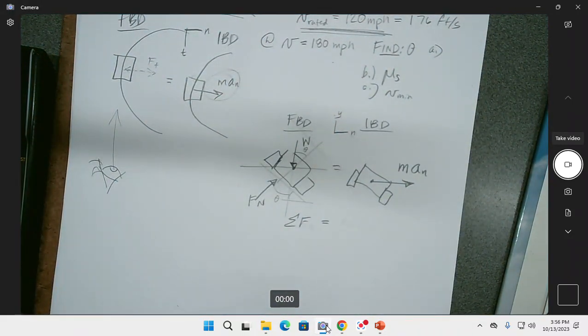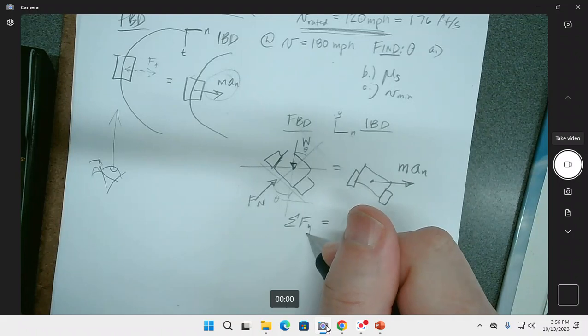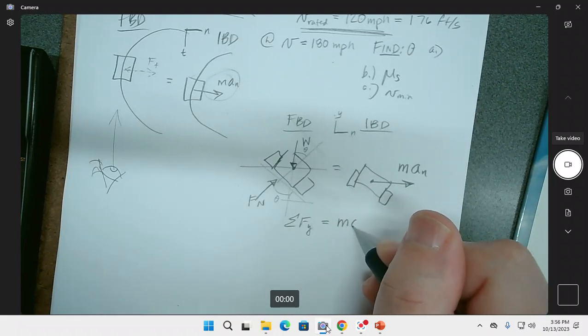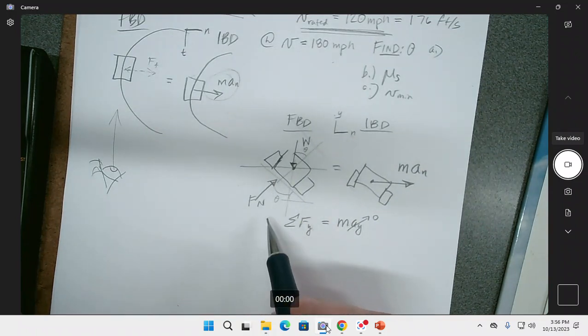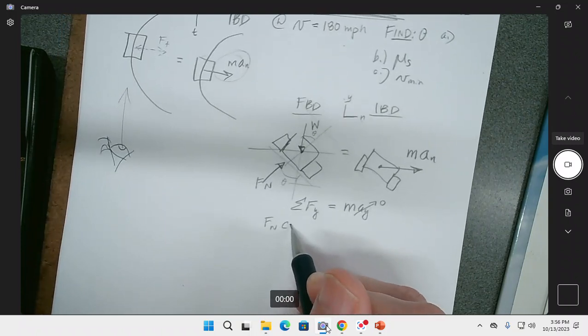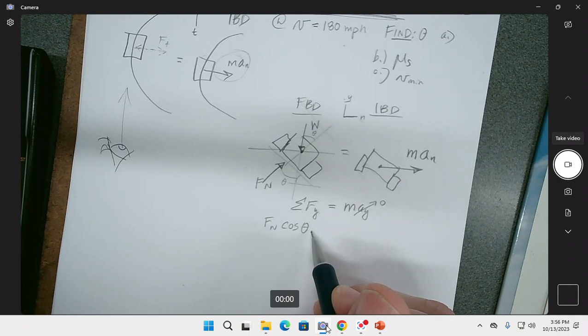There's probably a quicker trick way, but in the y direction, mass times acceleration in the y direction is going to equal 0. And so what you can say is Fn times the cosine of theta. I feel like my angles are wrong.